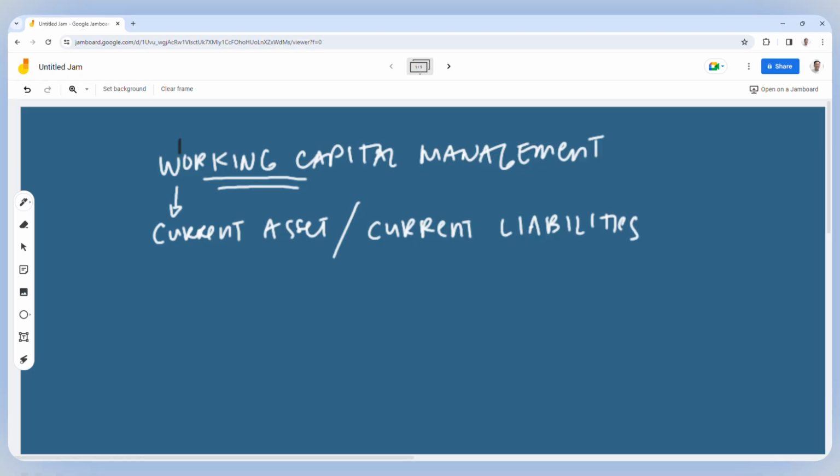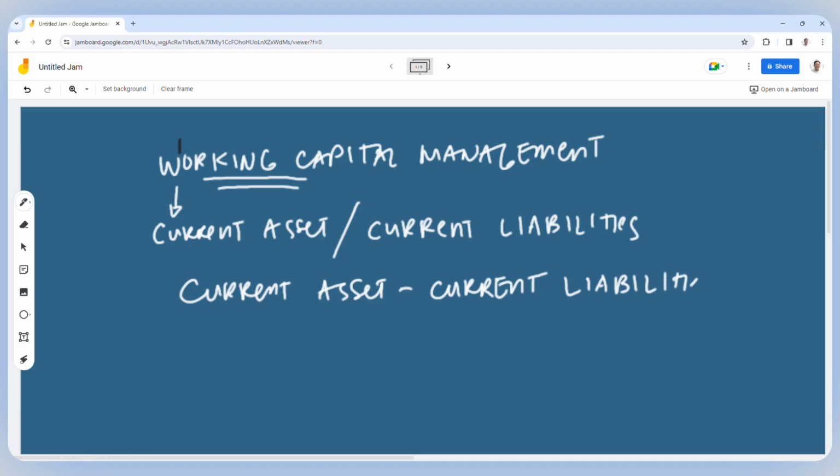The formula for working capital is your current assets minus your current liabilities. Ganun lang, class, ang formula niya.